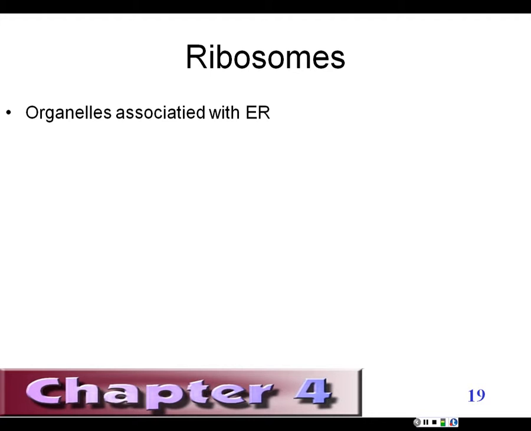So if we're outside of the nucleus, the membrane of the endoplasmic reticulum wraps itself around to form this convoluted membrane system of tubules and sacs, okay?